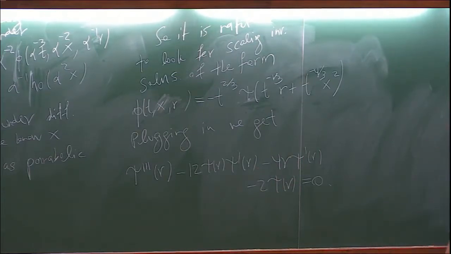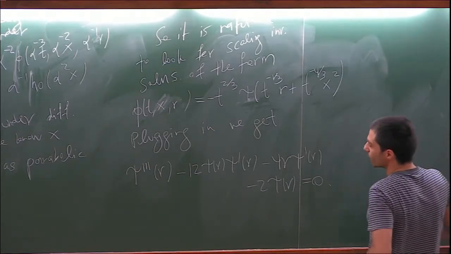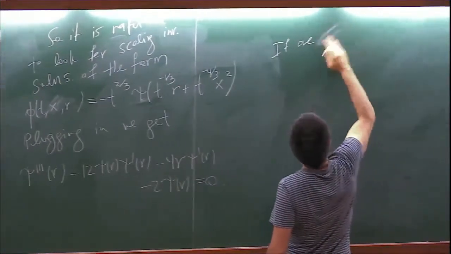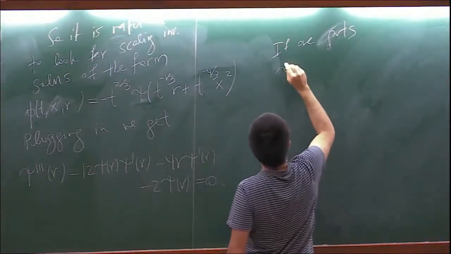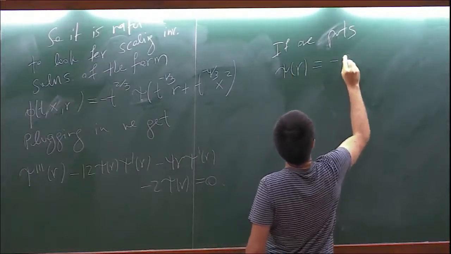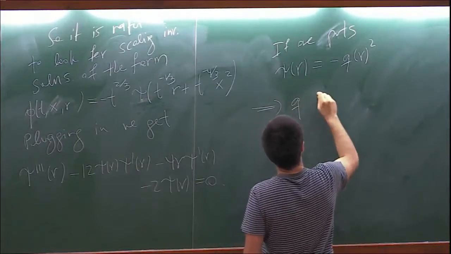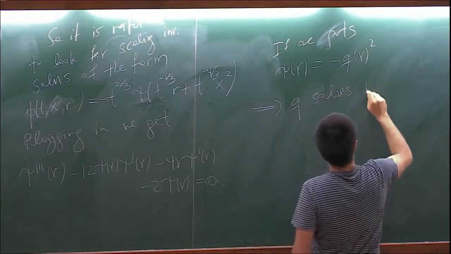Here comes the magic. And this goes back to the work of, I actually don't know exactly the reference, I guess Miura might be one of them, but this is from the 60s, I think. It essentially tells us that one should try the following guess. If one puts psi of r equals minus q of r squared, then q solves Painlevé 2.